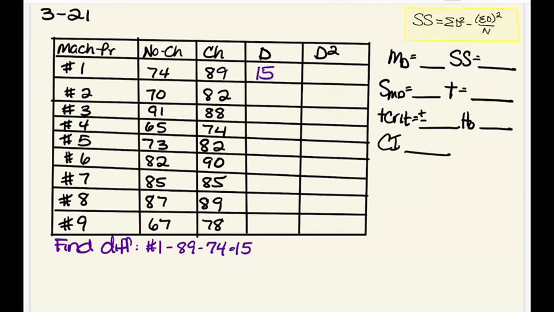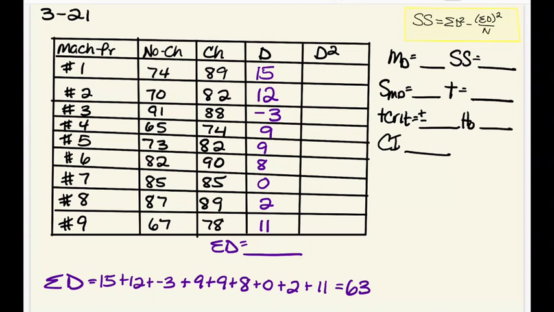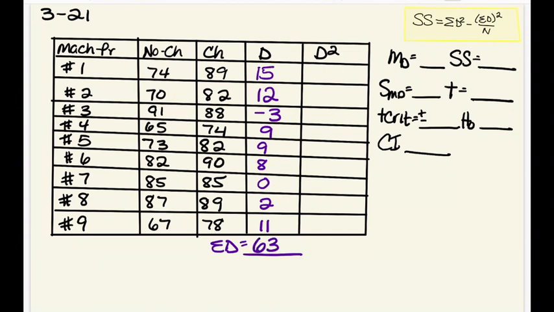And we'll do this on down for each set of matched pairs. Then we'll take our difference scores and add them up to find the sum of difference scores. Our mean for this sample of difference scores will be the sum of difference scores divided by n. And that gives us a mean of 7.